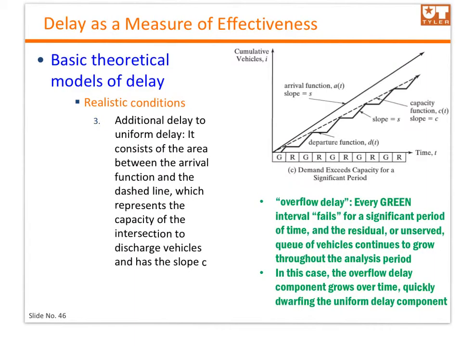And the last case is the overflow delay, where even at the end of the analysis period you still see unserved vehicles that need to wait a longer period of time to leave the intersection.